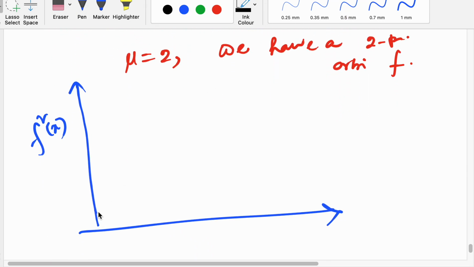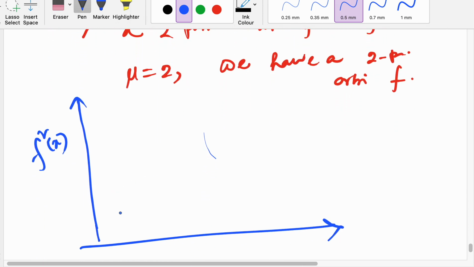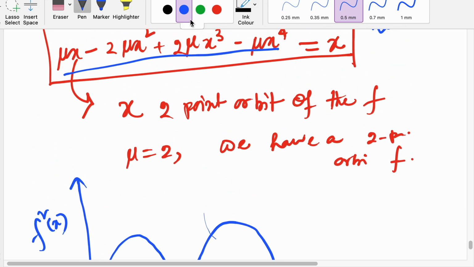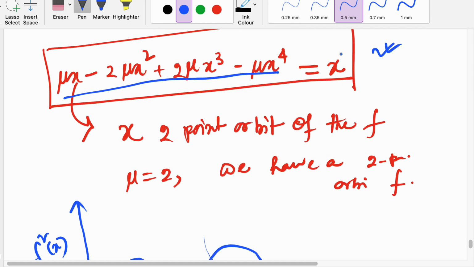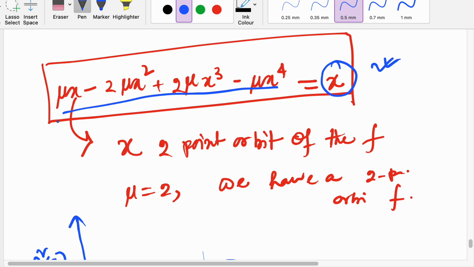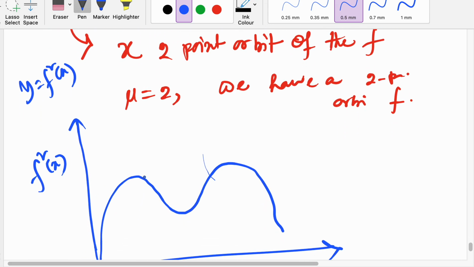Suppose it looks something like this, and then I will draw the right hand side on the same axis. So first I am assuming that y equals f square x, and then I draw this curve.